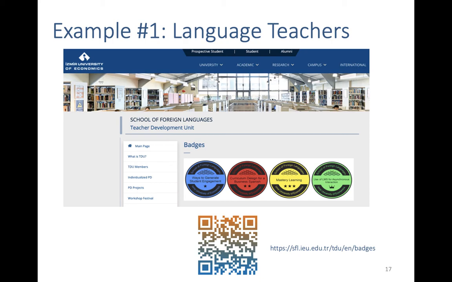Every year we have a workshop festival where instructors who have done professional development projects present their activities, their action research, and their reflections. By going through that cycle, the Teacher Development Unit trainers are able to assess the work that the instructor has done, and they can award the badge at the end.